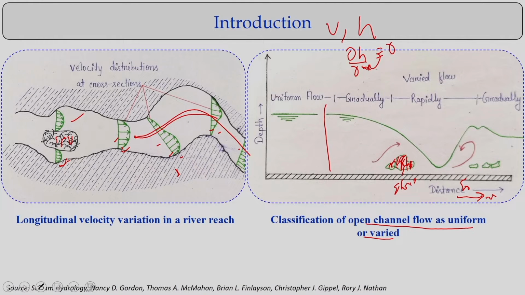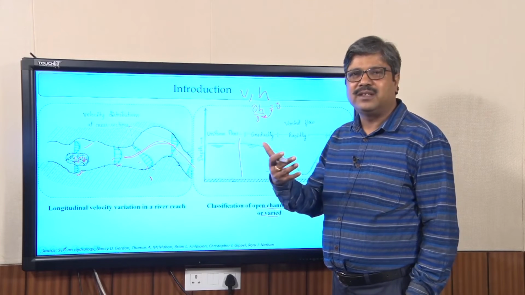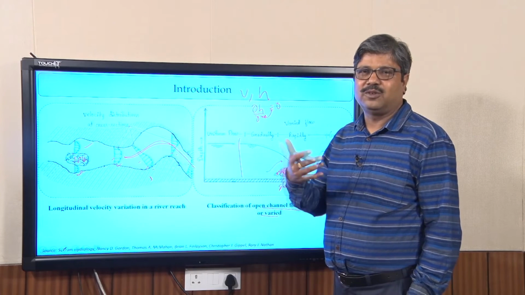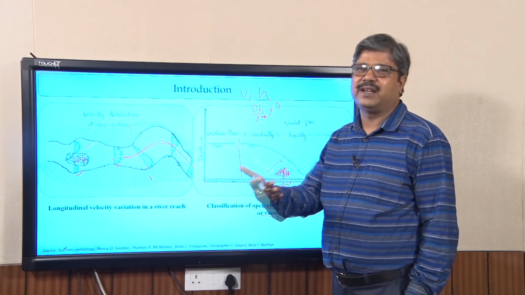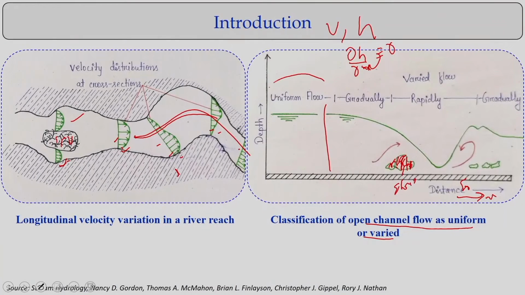In that case we can consider it uniform. In other words, the flow depth and the average velocity do not change with space, with the x coordinate direction. If so, then we call it uniform flow, and this is a very simplified case.